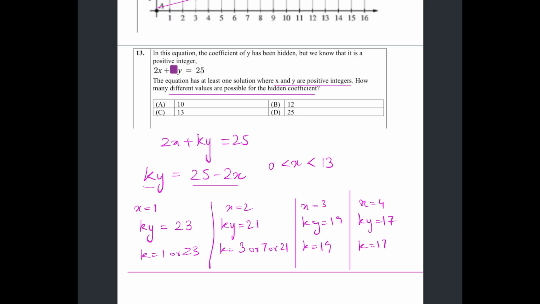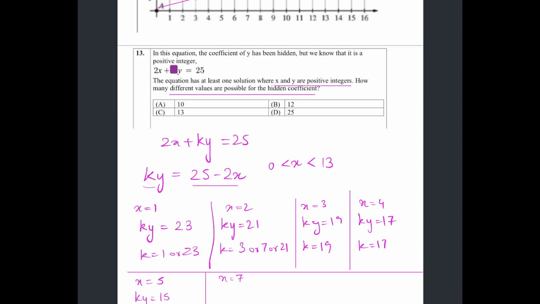For x equals 5, ky is equal to 15. Now k can be 3, 5, or 15, since we've already written 1 and 3.